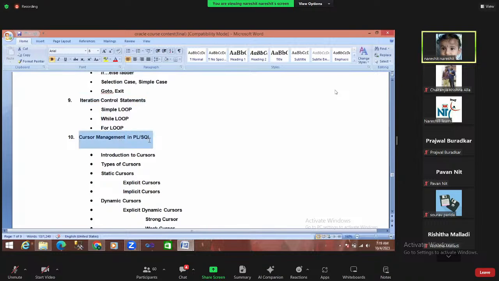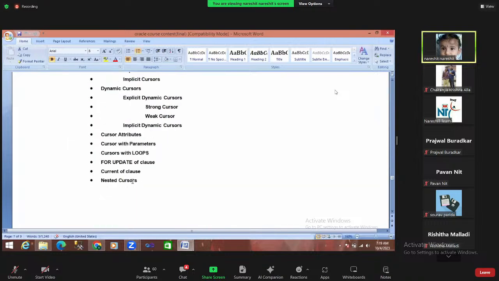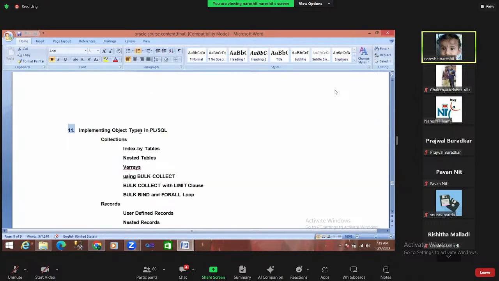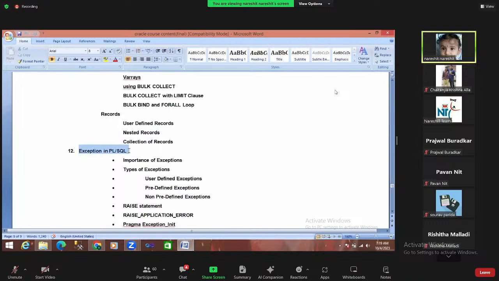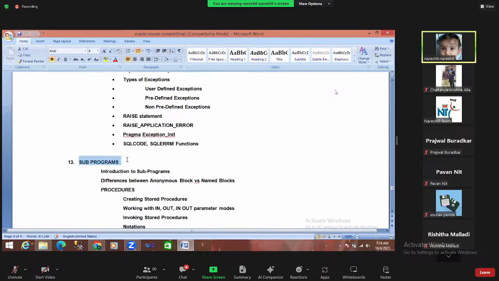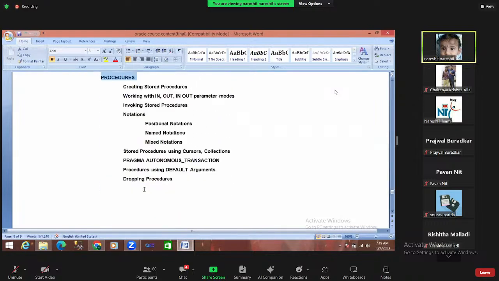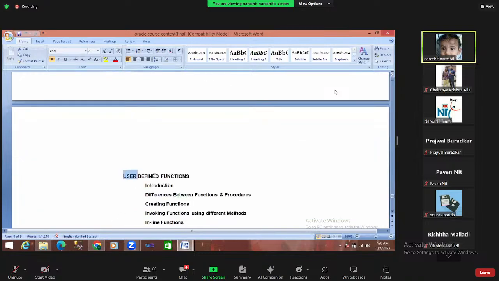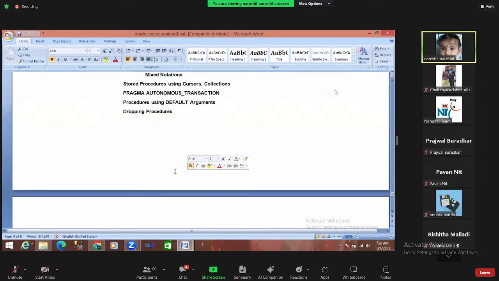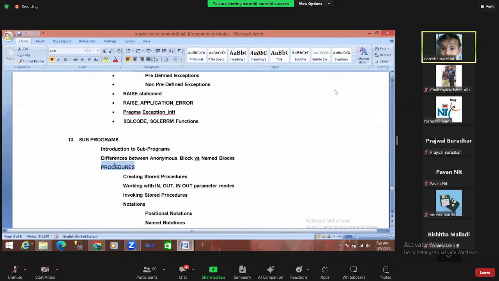Now here, cursors, objects, exceptions, subprograms. This is important, guys. Procedures and functions are both called subprograms. Procedures can also be called stored procedures.